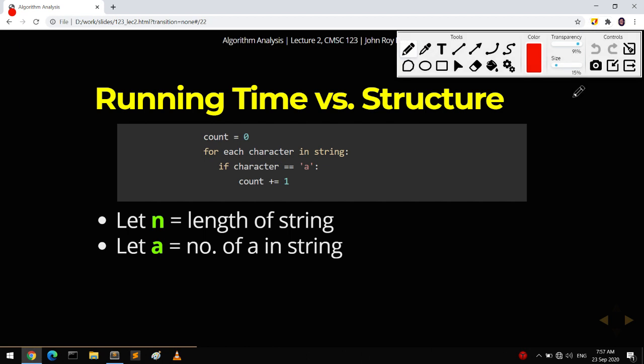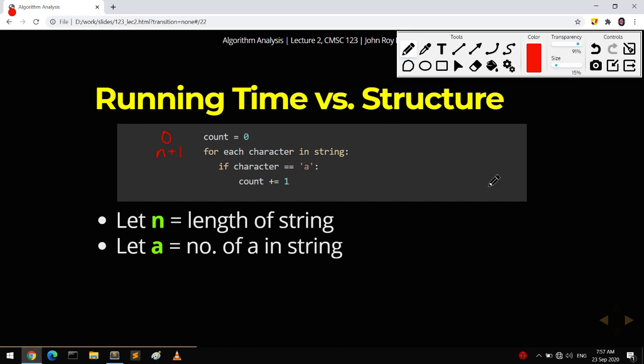Let's try to analyze it using the RAM model. For count equal to 0, how many time steps will this have? This will have 0 time steps because, again, this is memory access and it is free. For each character in the string, this line will take n plus 1 time steps.